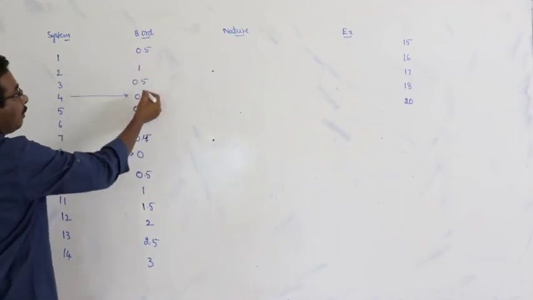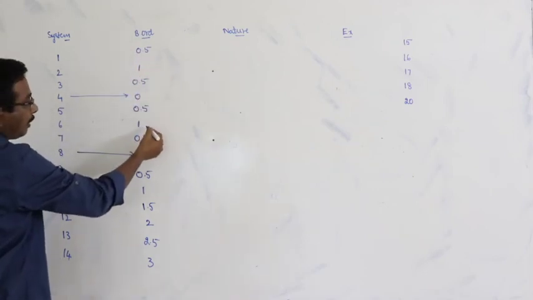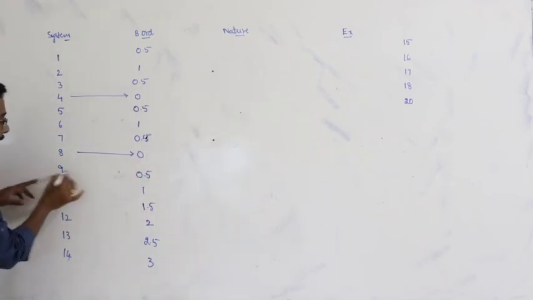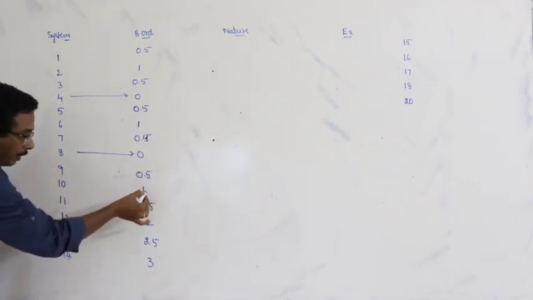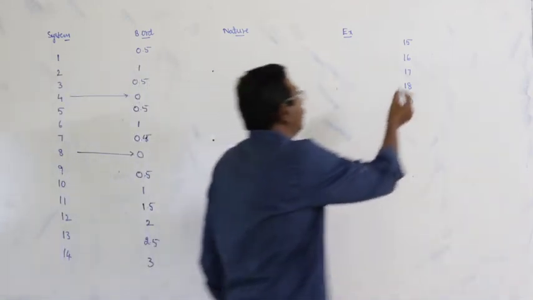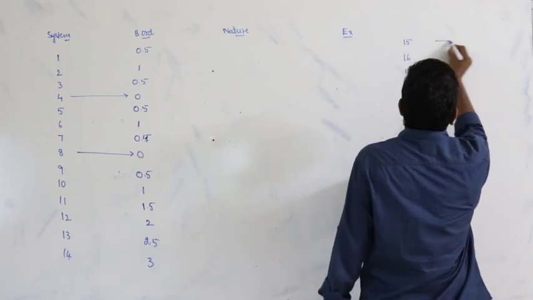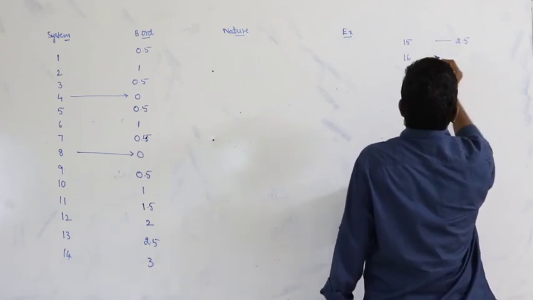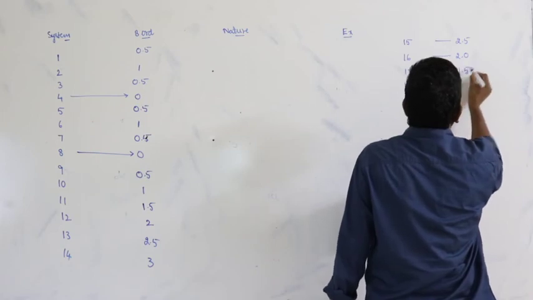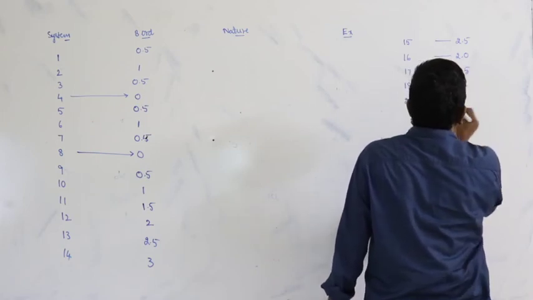From the 9 electron system onward: 0.5, 1, 0.5, 2, 2.5, 3. For the 15 electron system once again 2.5, 16 electron system 2, and this is 1.5, this is 1, this is 0.